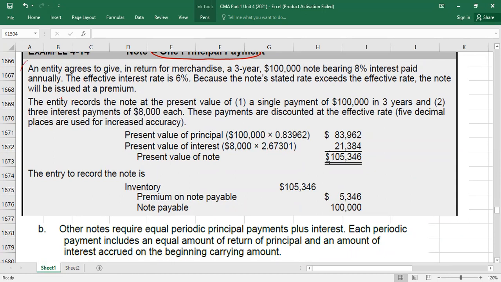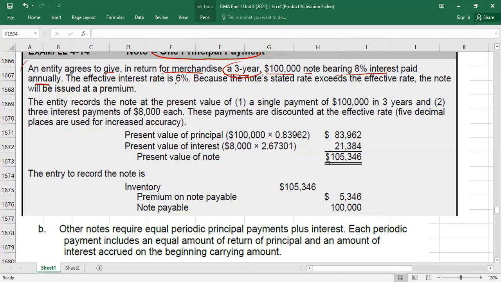So guys, here we have an entity that agrees to give in return for merchandise a 3-year $100,000 note bearing 8% interest, paid annually. Simply, you bought goods for $100,000, you gave a bond, and that bond has 8% interest. This bond is for 3 years.